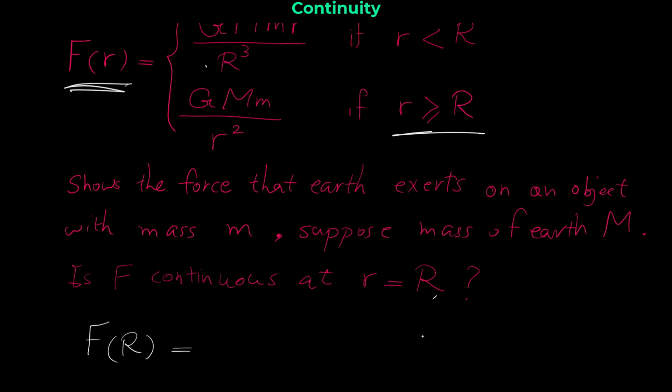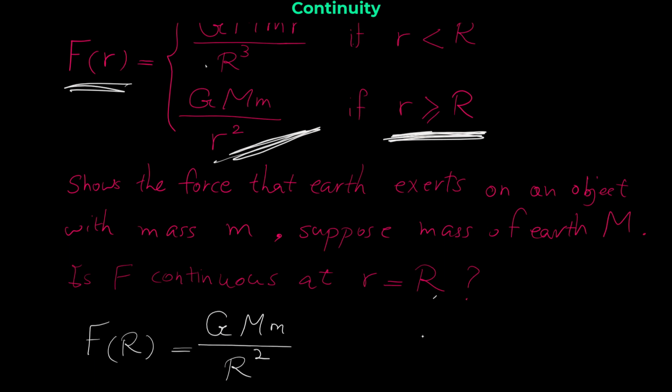If you pay attention here, when r equals R, greater than or equal to R, you have to use this equation. So for finding the value of the function when r, the small letter r, equals the capital letter R, I have to use the second equation, and it equals GMm over R to the 2.